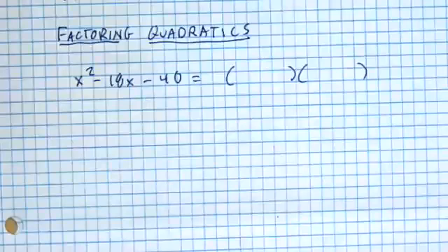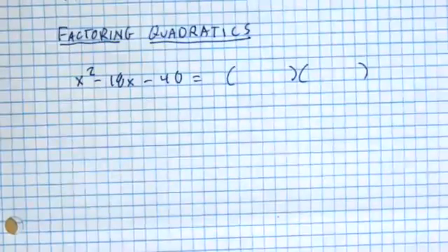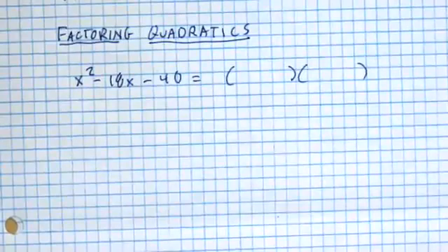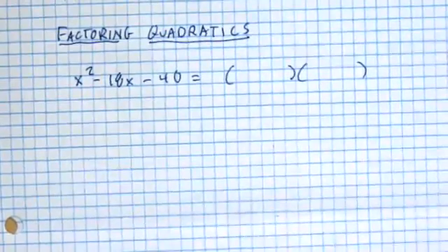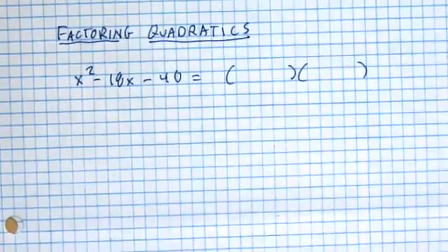If you can answer those types of questions really quickly, or give me 3 different ways that I can multiply 2 numbers to get 24: 24 times 1, 2 times 12, 6 times 4, 8 times 3. If you can do that pretty quickly, then this is going to go a little bit easier for you.